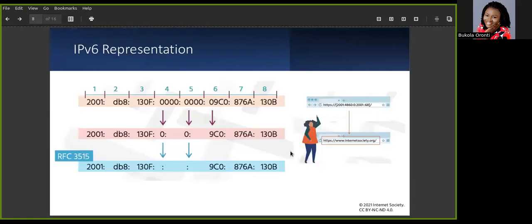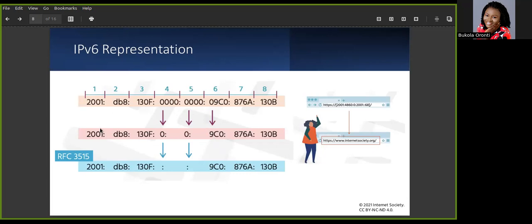So this is a typical IPv6 address representation. As you can see here, each 16-bit group is separated by a colon. Not 8-bit now, 16-bit separated by colon, in hexadecimal numbers and letters. So this is a typical way to write an IPv6 address.